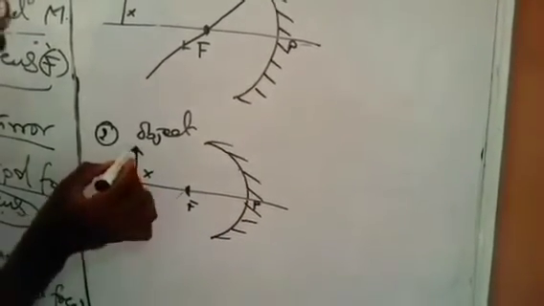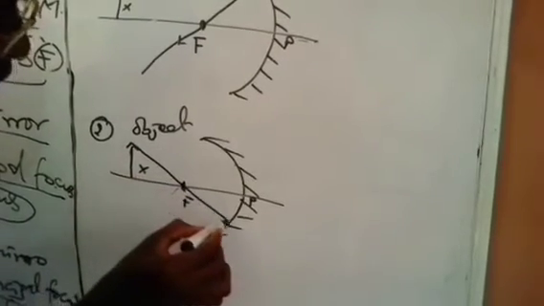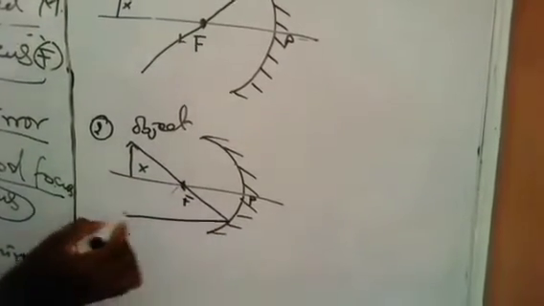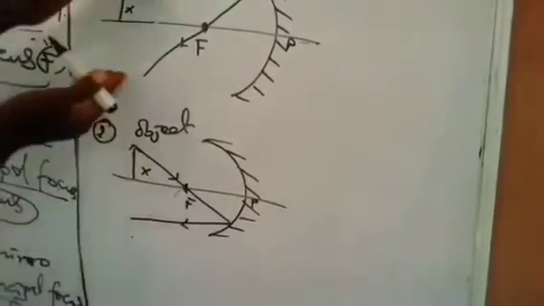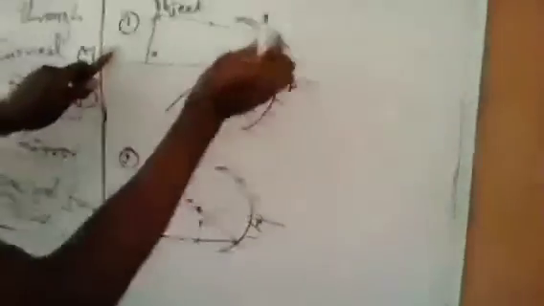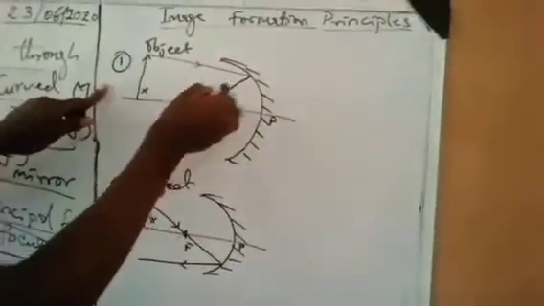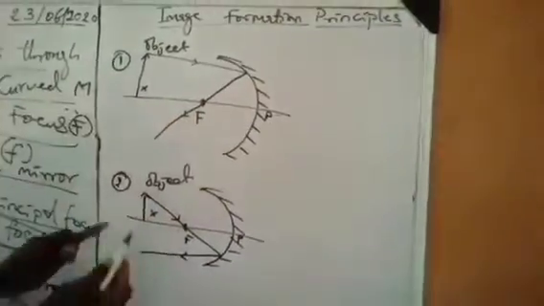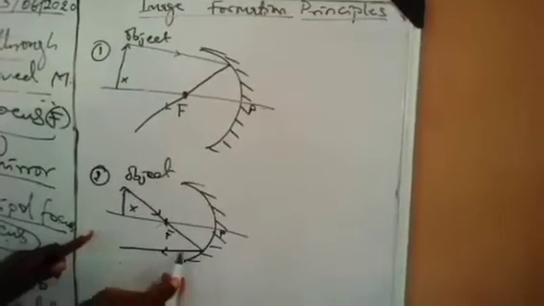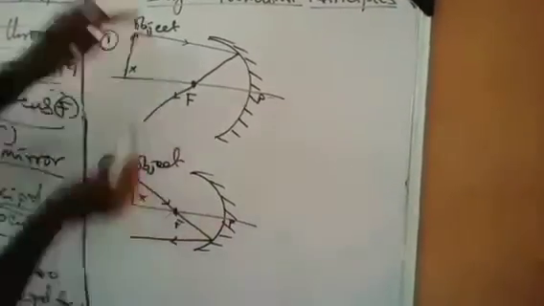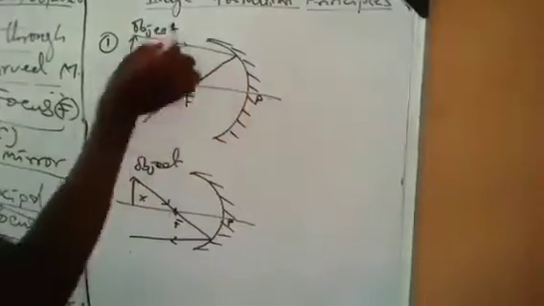Then some will move through the principal focus and get to the mirror, and then they will reflect in a parallel direction. So this is just the opposite of what we have here. If the ray moves parallel to the mirror, it will definitely reflect through the principal focus. But if it moves through the principal focus to get to the mirror, then it will reflect in a direction parallel to the principal axis, just like it did in this case.